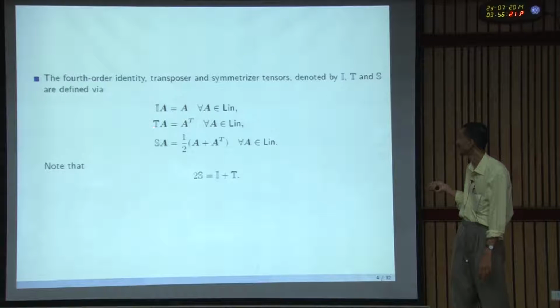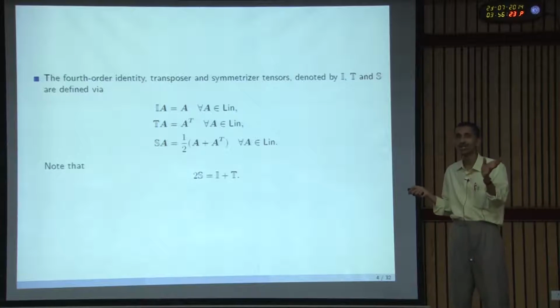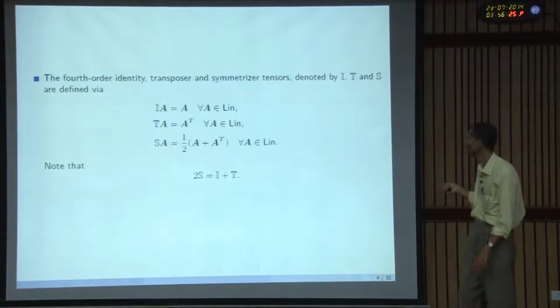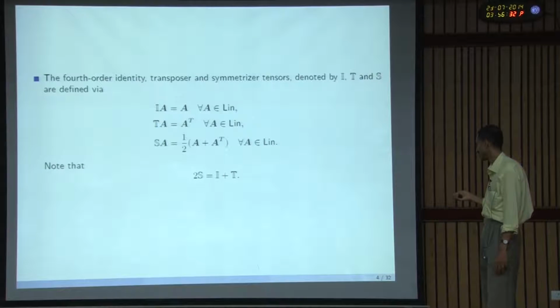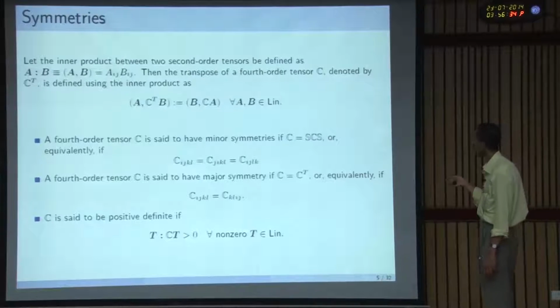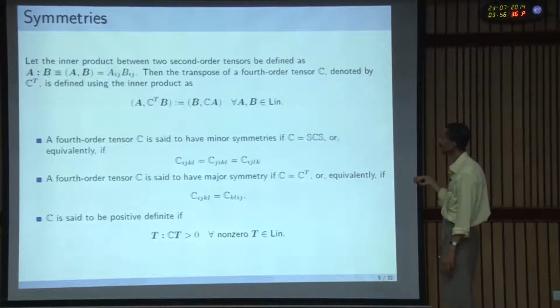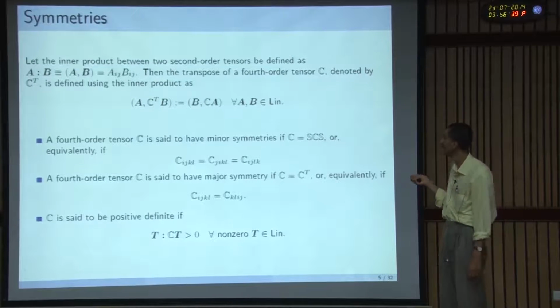And then there is a symmetrizer, which symmetrizes the tensor, so it gives half of this one. And there is a relation between the symmetrizer, the transposer, and the identity, which is given by this particular relation. Again, these are standard notions from fourth order tensors that I will need.